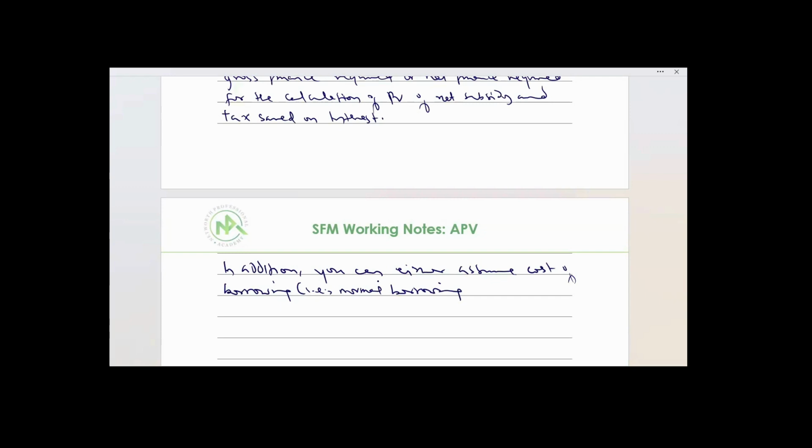You know, when you borrow from the bank, the interest you are going to pay, the interest rates, the coupon rates, is what is called normal borrowing rates. Okay? You can either assume cost of borrowing or the risk-free rate of return.